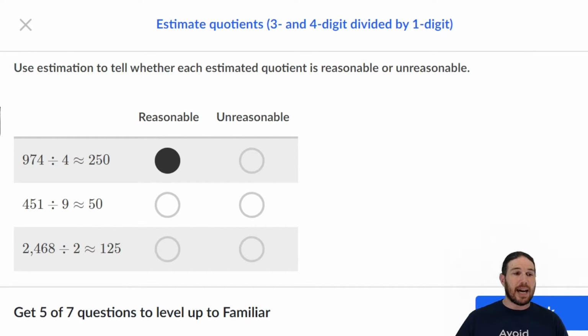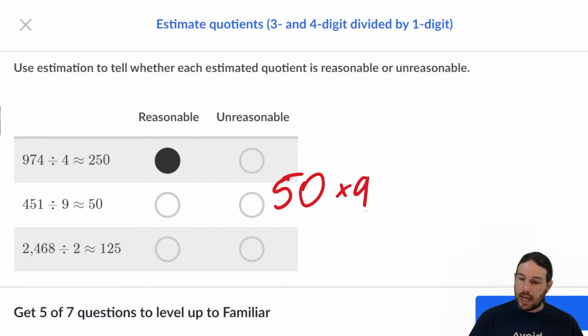451 divided by 9. Well, let's do this the other way. Instead of dividing, let's utilize the fact that multiplication and division are basically the same thing. What is 50 times 9?